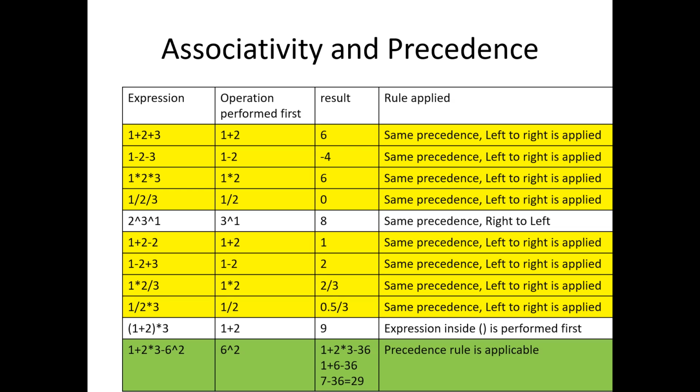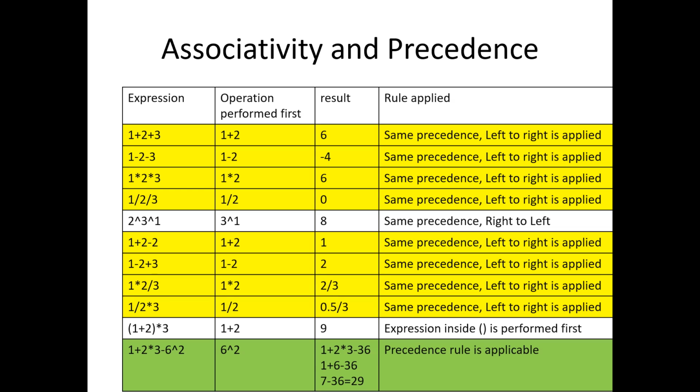In the next example, 1 minus 2 plus 3. 1 and 2 are subtracted because it is the first on the leftmost side. That result is added to 3, which is next. So associativity starts from left to right, even though precedence is the same.